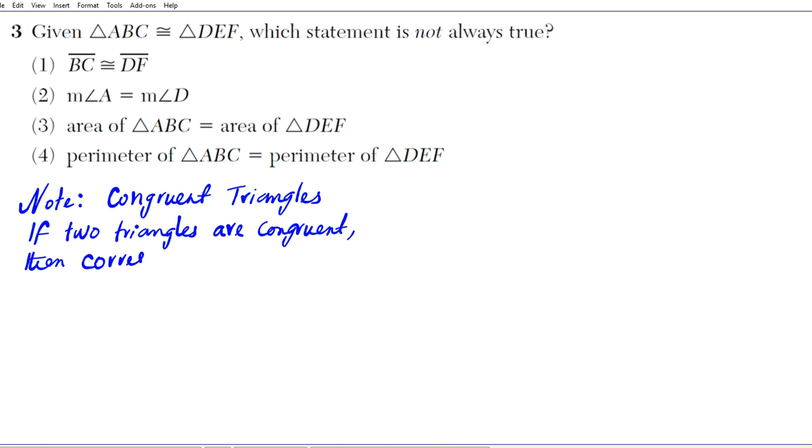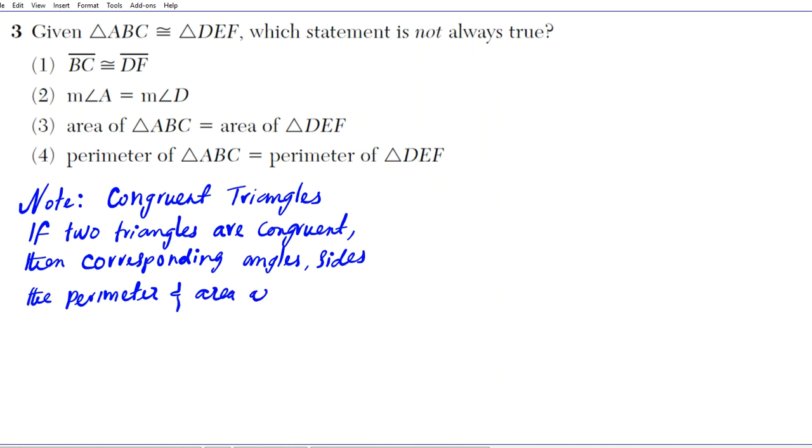corresponding angles, sides, the perimeter and area are congruent. So that's a situation where you have two triangles that are congruent. The side measures are congruent, the perimeters of the two triangles are congruent, and the areas are equal.